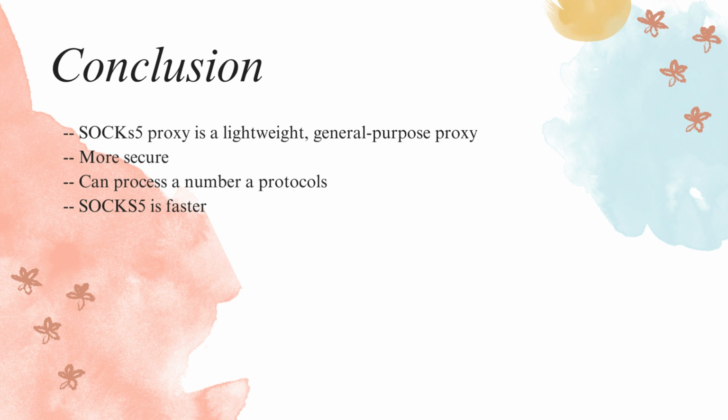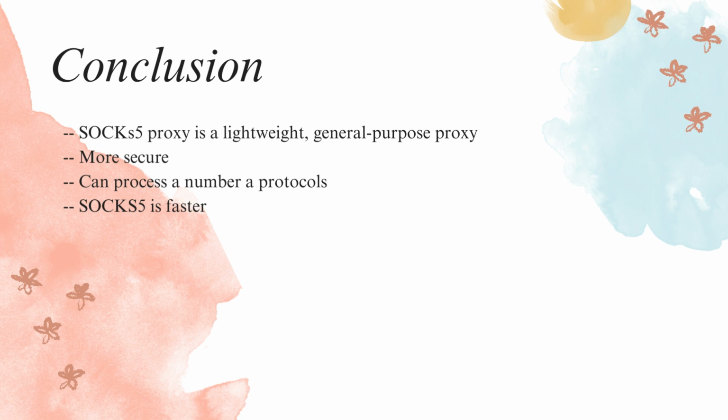Unlike SOCKS proxies, HTTP proxies only use the HTTP protocol, while HTTP proxy servers can only process HTTP and HTTPS traffic between the client and web server. SOCKS proxies can process a variety of protocols, including HTTP, FTP, and SMTP. A SOCKS5 proxy is faster than an HTTP proxy since it supports UDP connections.